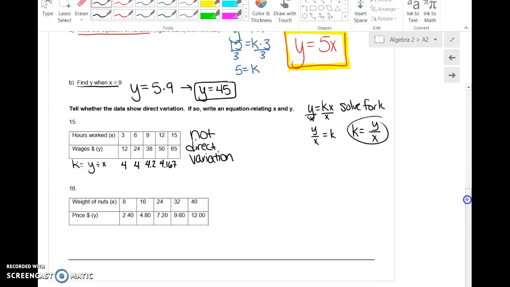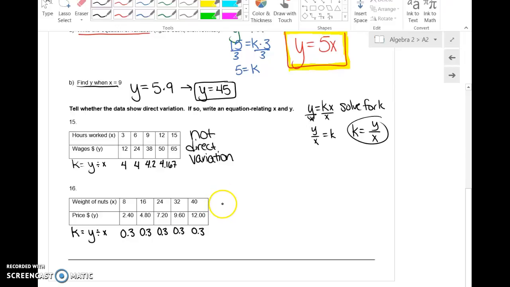For this next table, you're going to need a calculator. We're going to again figure out what k is by doing y divided by x. So $2.40 divided by 8 is 30 cents. $4.80 divided by 16 is 30 cents. And if you actually do this math, you're going to find out that it's 0.3 every time.